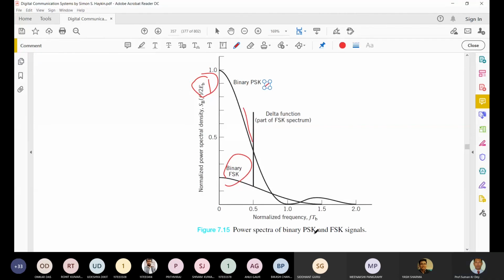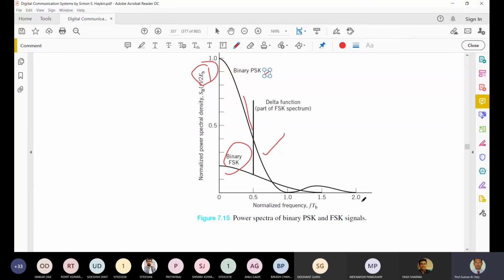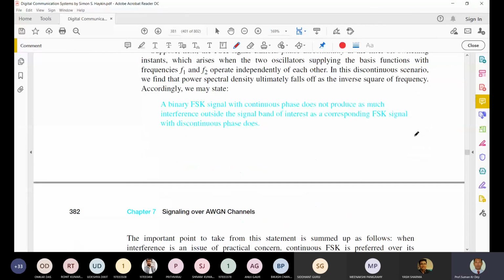So we concluded from this figure that there are side lobes for the binary PSK, and for the binary FSK there are no side lobes. It gradually goes to zero. In this figure only the right-hand positive frequency component was shown, so for the negative frequency component you can draw a similar mirror image.